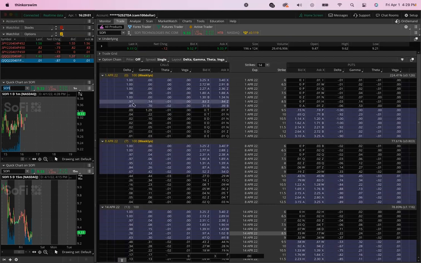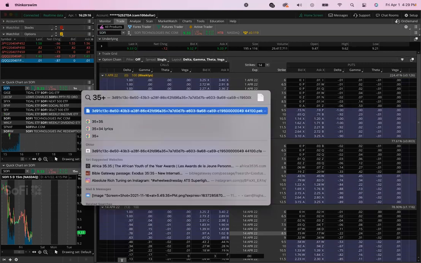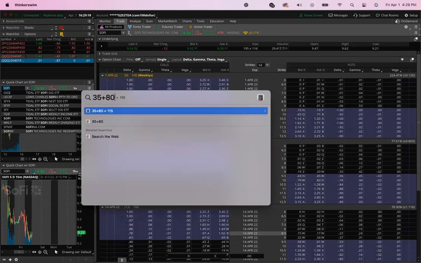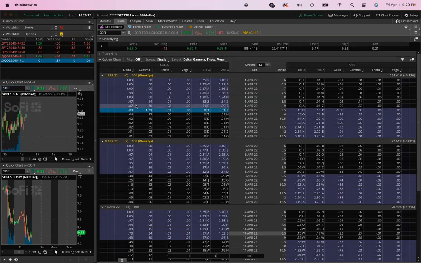Obviously, it's worthless right now, so we use the one that's not worthless. This has a delta of 87 and a gamma of 70, right? So this is going to move from 31 to, let's call it 35 because of the spread, 35 plus 85. So 115, 87.